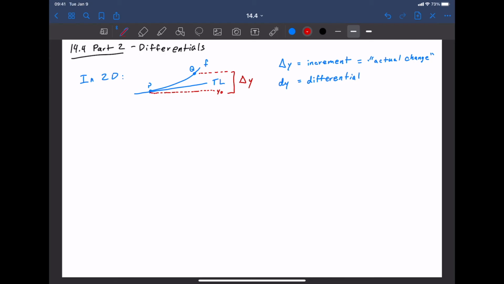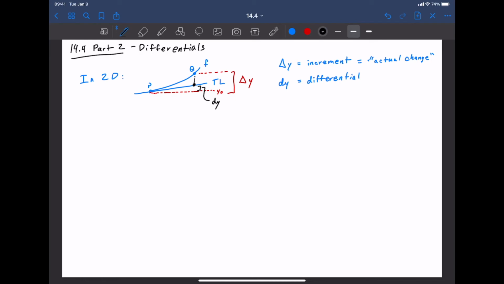That's the increment. That's how much the y-coordinate has changed as we progressed along the curve. But you might be thinking, but if we use the tangent line, if I project the point down to this other point that's below Q, this guy would be called the differential, the dy.